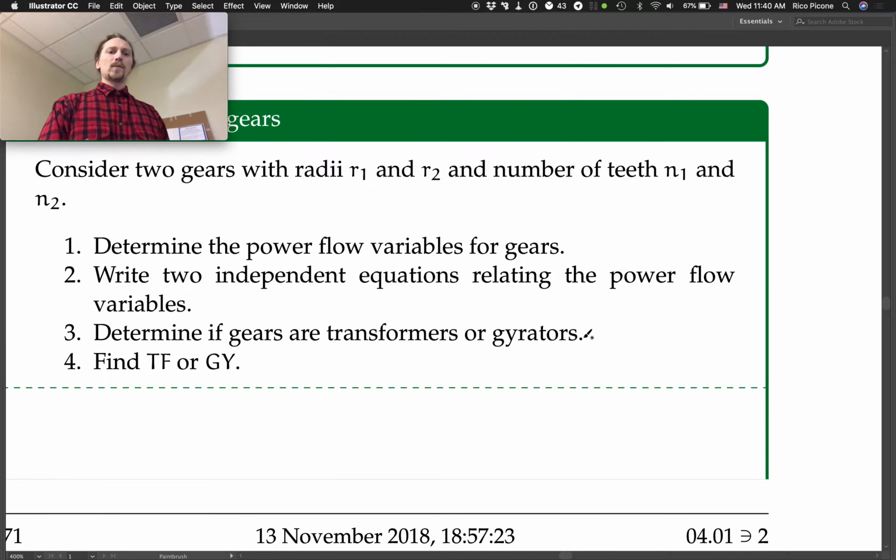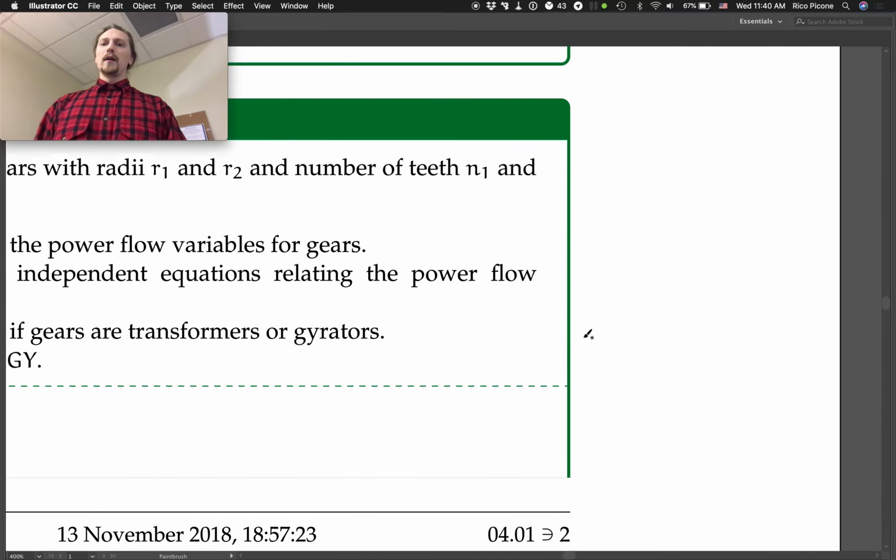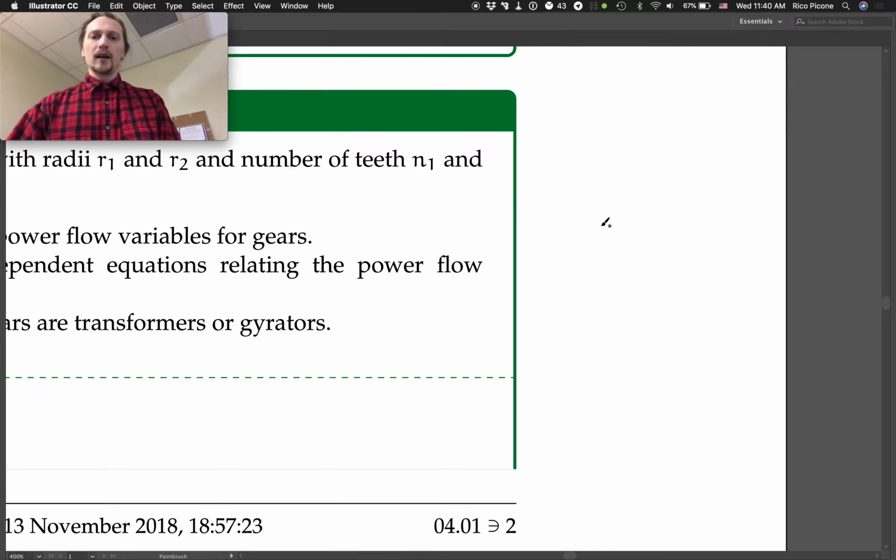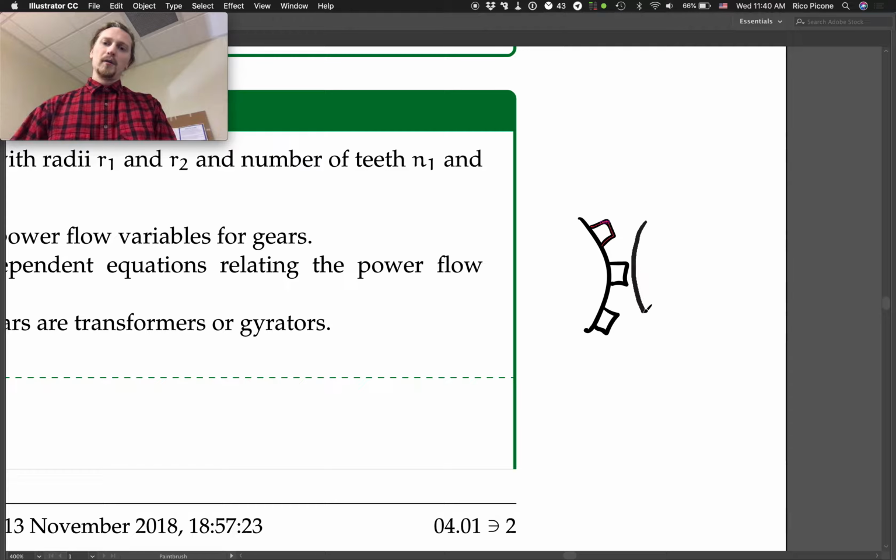Okay. So let's think about, let's say we have, I'm going to draw it like that, and then I'm going to draw teeth on it. And it's, say, mating with another gear with its own teeth.